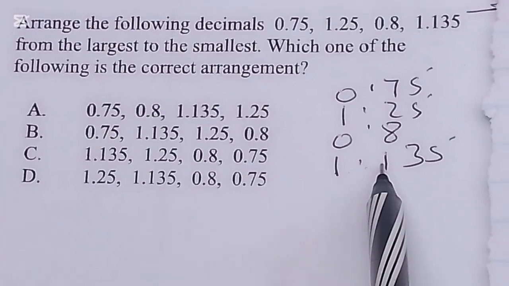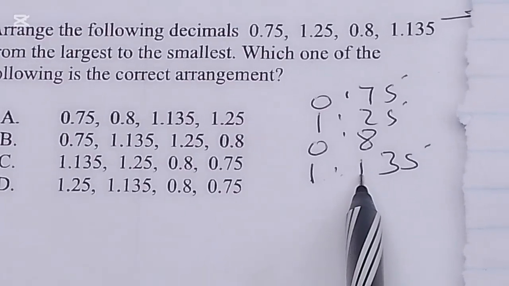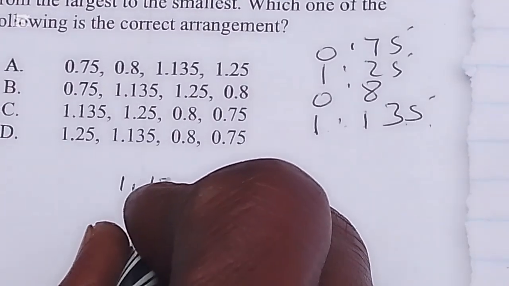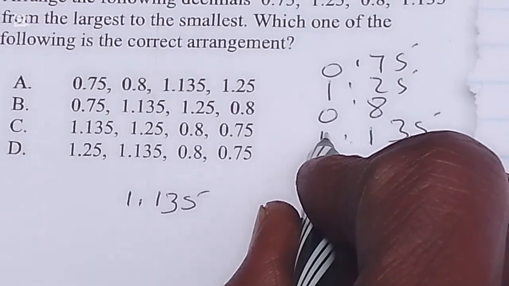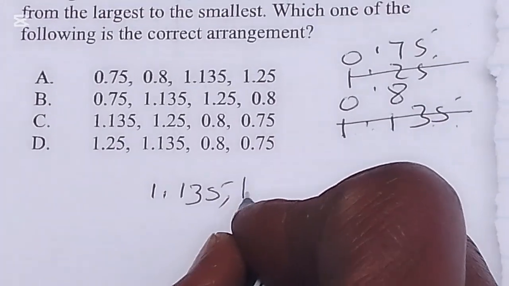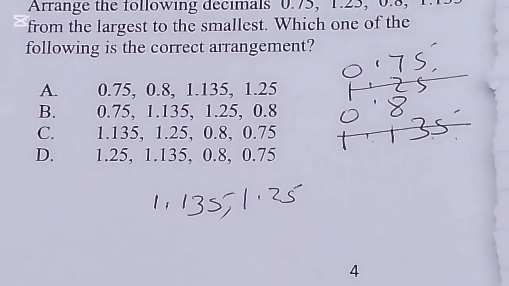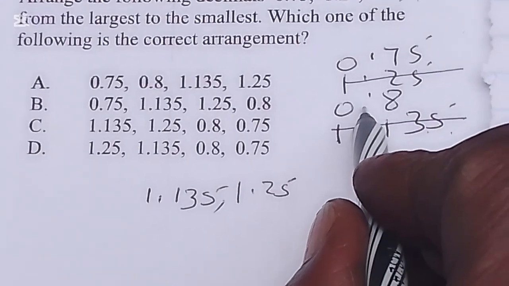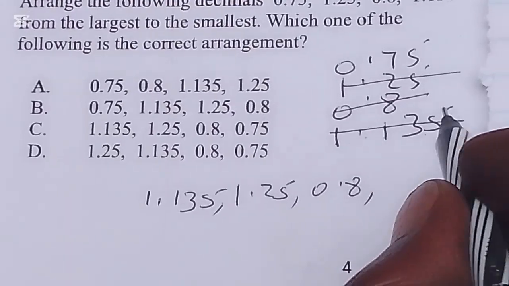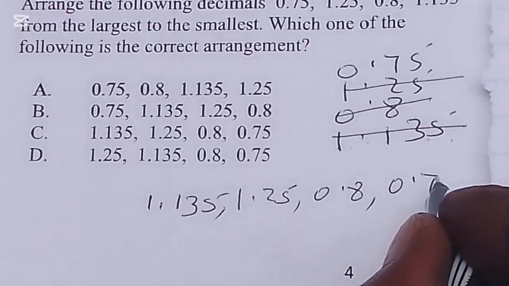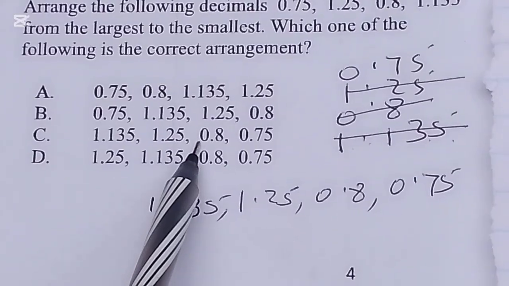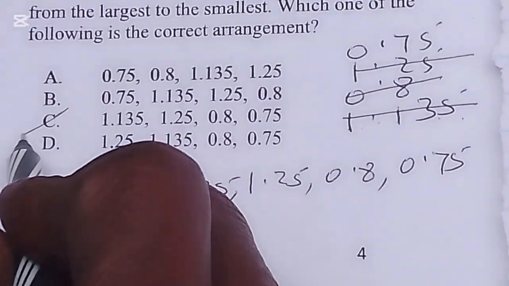So 1.135 is the largest, followed by 1.25, followed by 0.8, and then 0.75. So 1.135, 1.25, 0.8, 0.75.